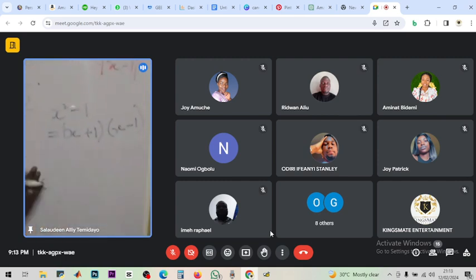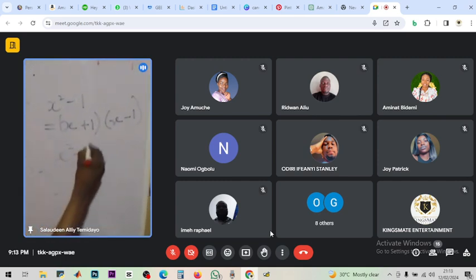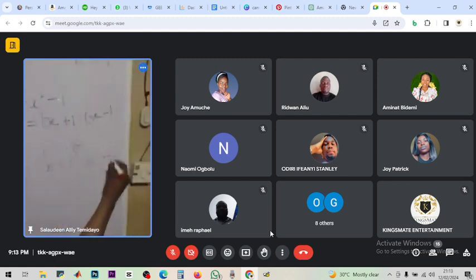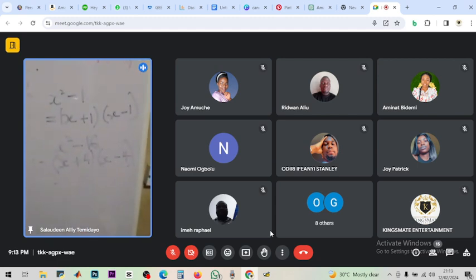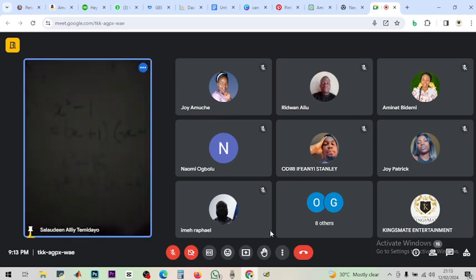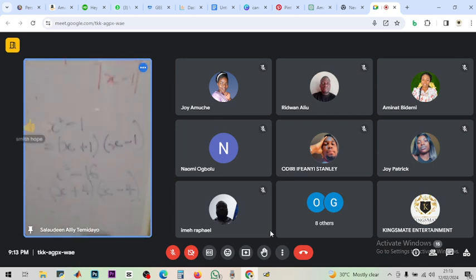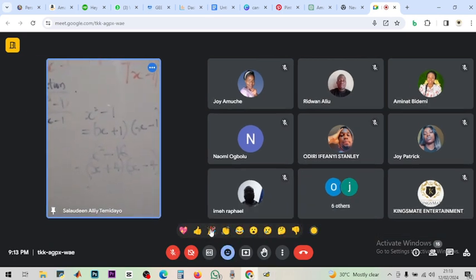This is x squared times x minus 4. Please, is there no one getting the difference of two squares here? Okay.